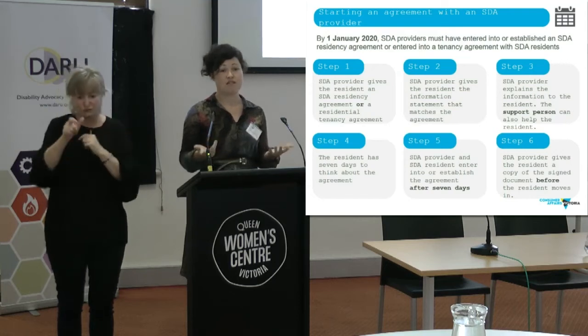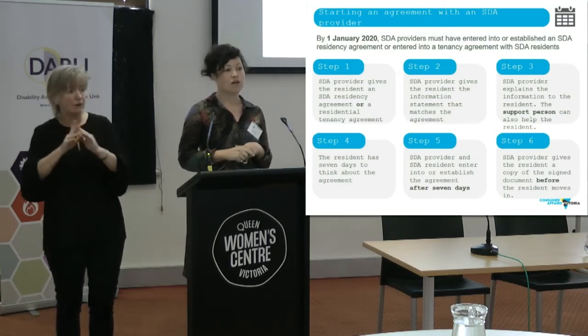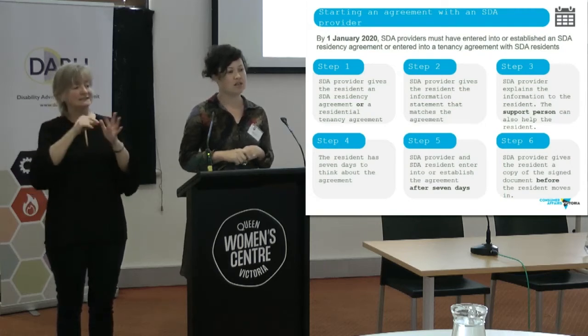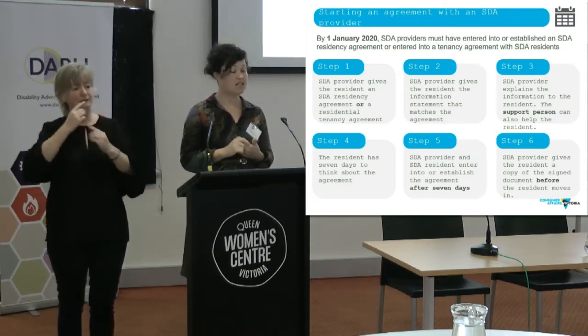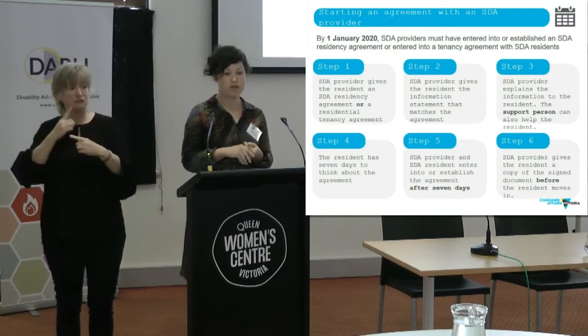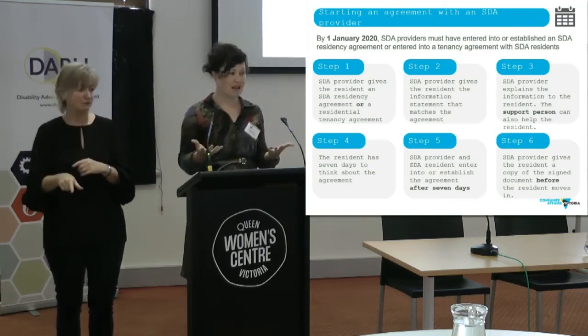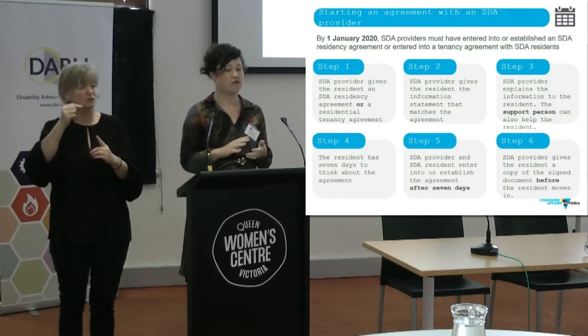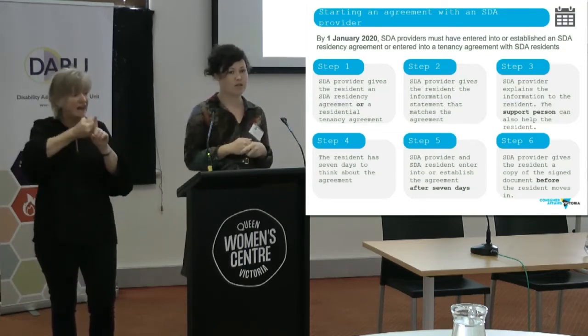If they believe that that resident would benefit from support in understanding it, they are also required under the legislation to give a copy of the agreement and the information statement and explain those documents to a support person or a chosen person, which could be really anyone chosen by the SDA resident. So family, carer, advocates, for example, are listed out.